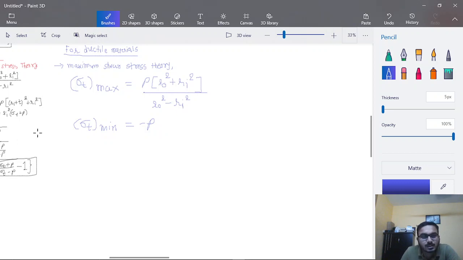Now we will obtain the maximum shear stress based on that theory. So tau max is equal to sigma T max minus sigma T minimum, divided by 2.